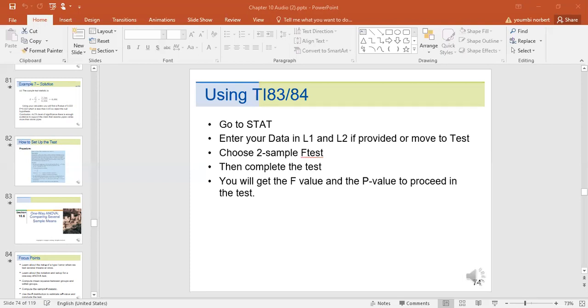I like my output to be here. Sample variance.